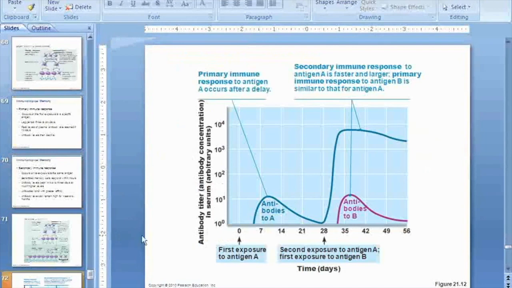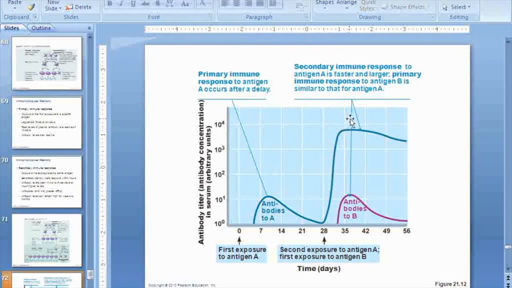Look, here's the picture that shows it. Here's a primary immune response. Takes a few days to really start producing them, and then they kind of kick in. And they kind of fall out. Look at this secondary immune response. Wham! Look how much stronger it is. That's like 3 powers, almost 1,000 times stronger.